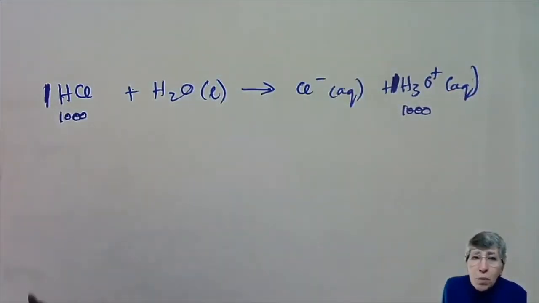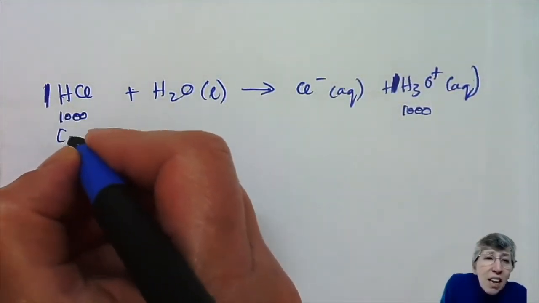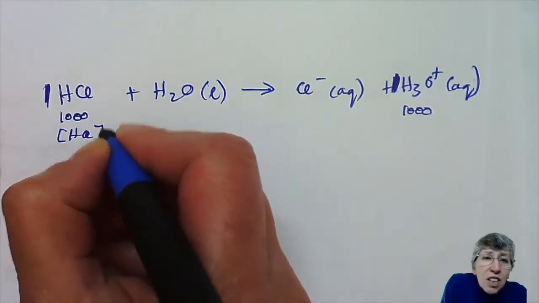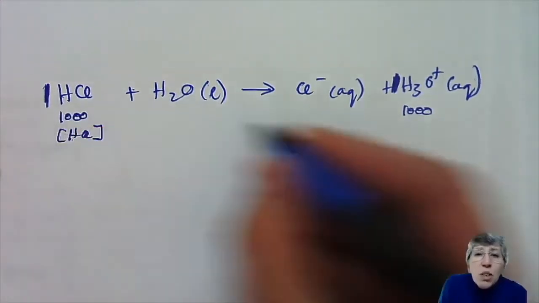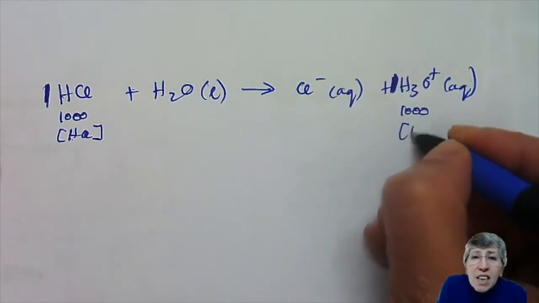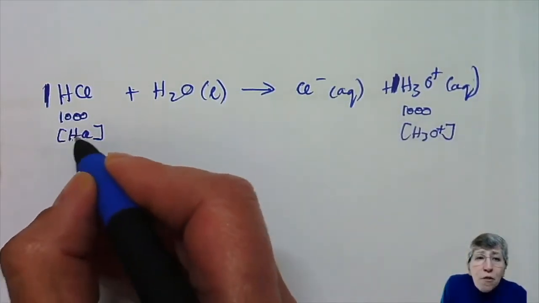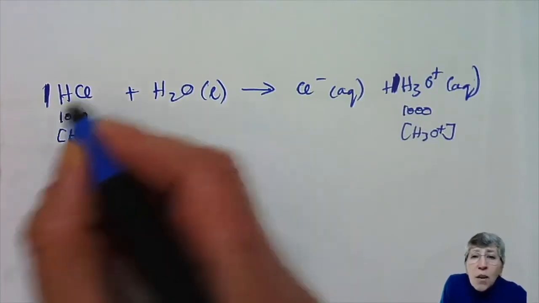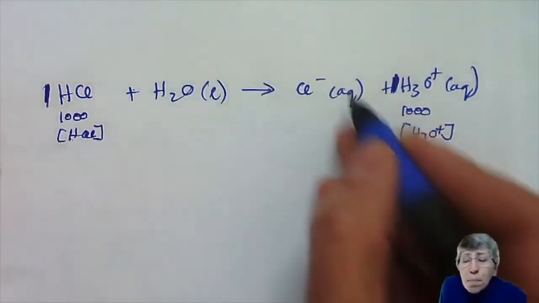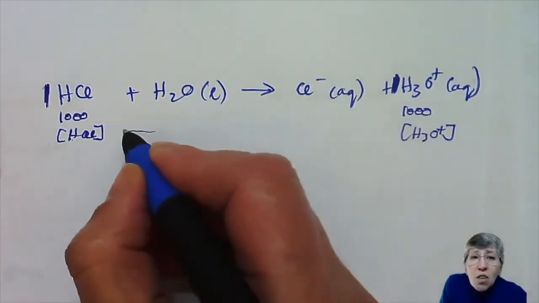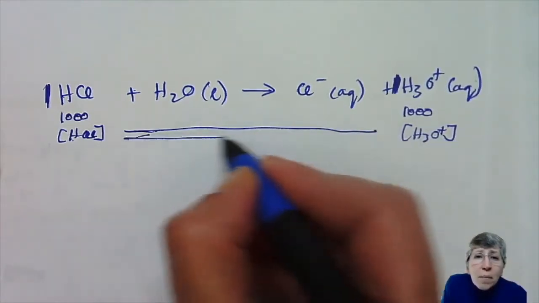So I end up with 1,000. So here, if I had the concentration of the HCl, it would be exactly the same as the concentration of the H3O+, because every HCl is going to react and is making 1, right? So they are equal, right?